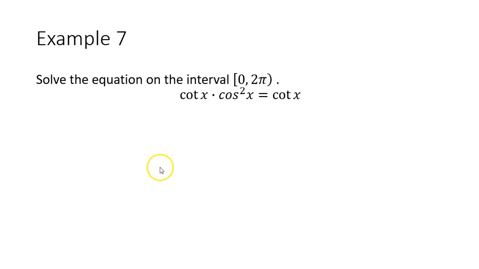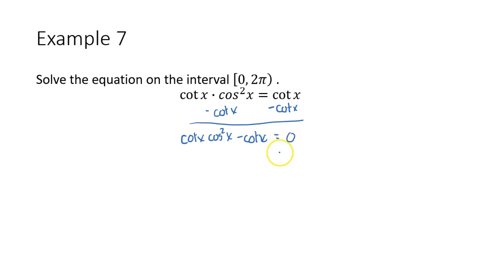All right, let's start this one off by subtracting that cotangent of x to the other side of the equation. What this is going to do is have my equation equal to 0. Then we're going to have the cotangent of x times the cosine squared of x minus the cotangent of x, because these are not like terms, and this is equal to 0.